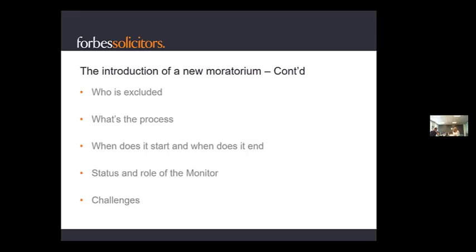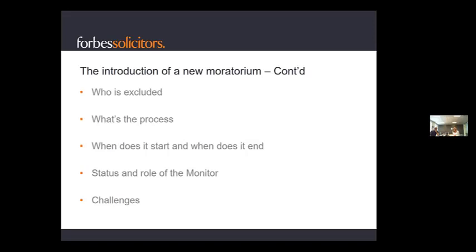During a moratorium, there are a few things that cannot happen, one of which is that a landlord cannot exercise its right of forfeiture. There can be no enforcement of security. There can be no repossession of goods under a HP agreement or exercise of a retention of title clause, and no legal proceedings or legal process may be raised, carried out, or continued, in each case without the permission of the court.